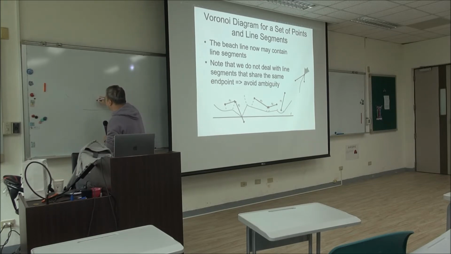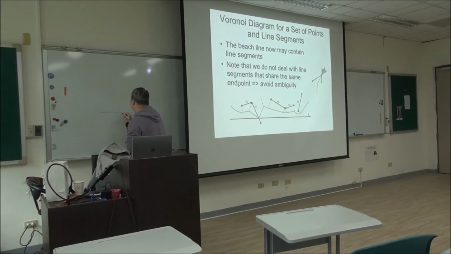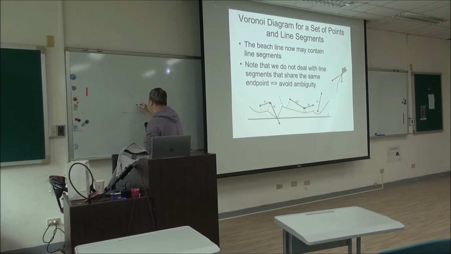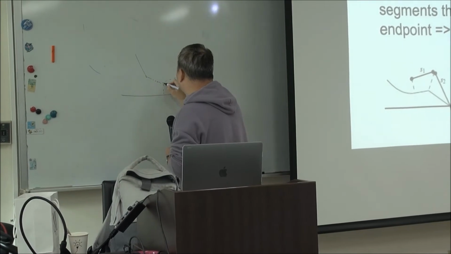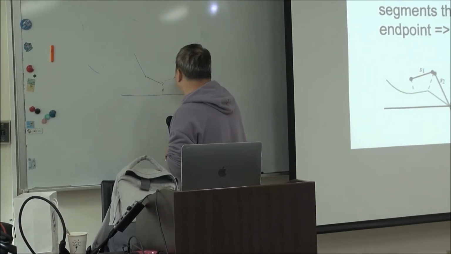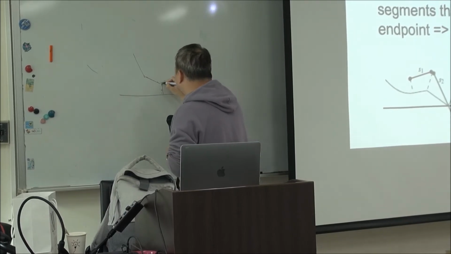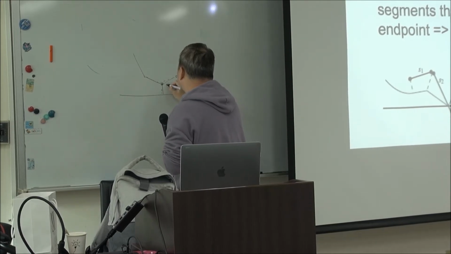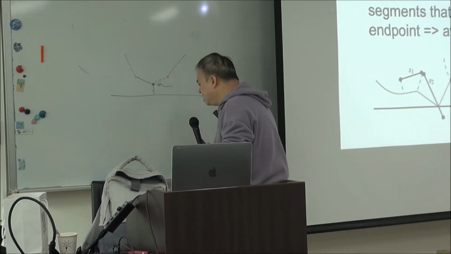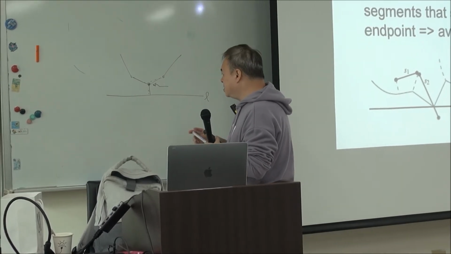We have one side like this, another side like this, and now a point emerges here. You can see that if they are equal distance to this line point and this L, then this point is going to be a breakpoint that traces a line segment in the Voronoi diagram.